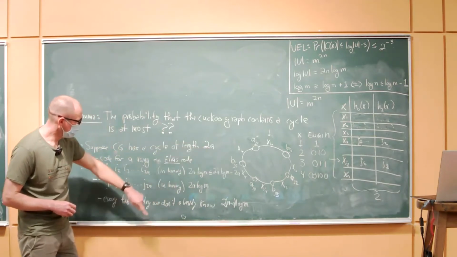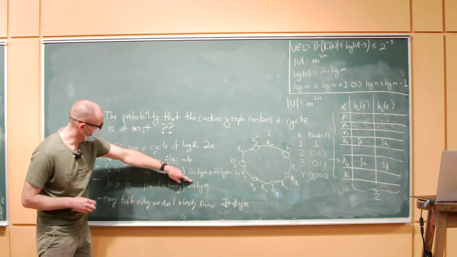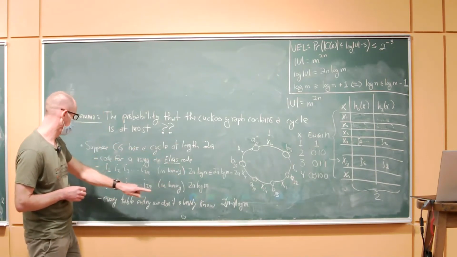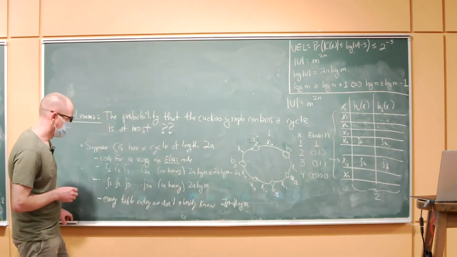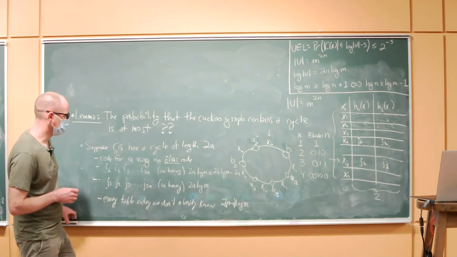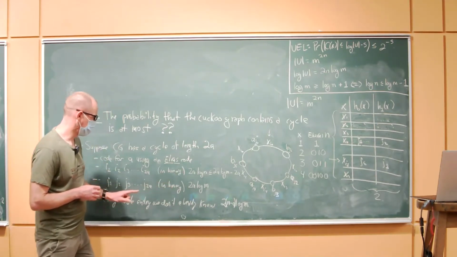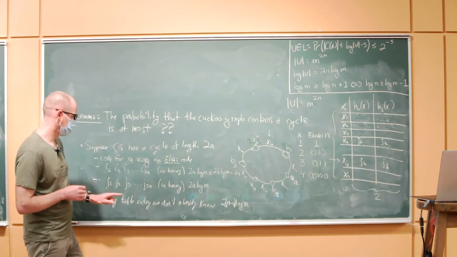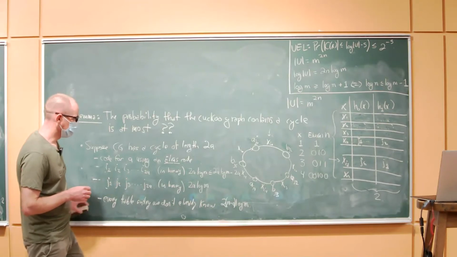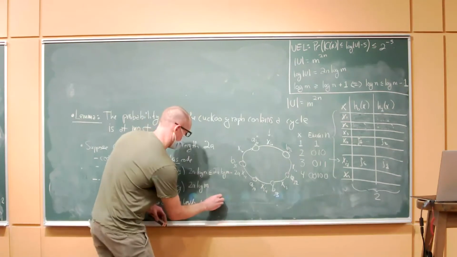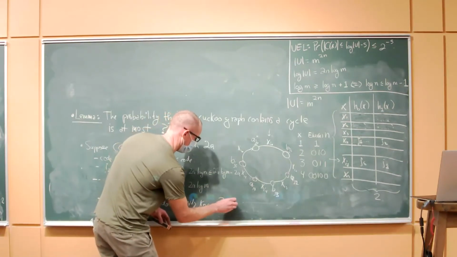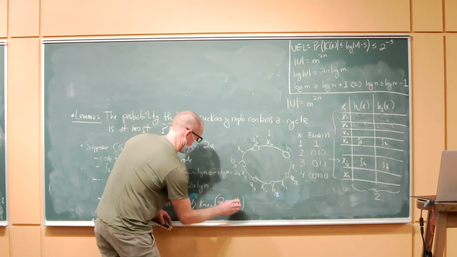This is, sorry, this shouldn't be, yeah, this is 2a log m. And then (2n minus 4a) log m.